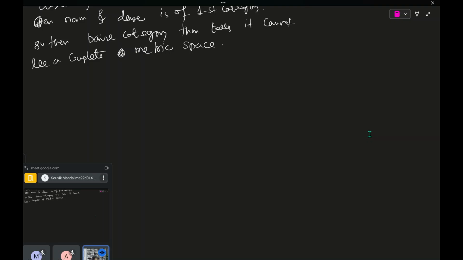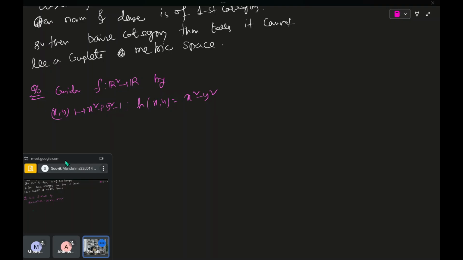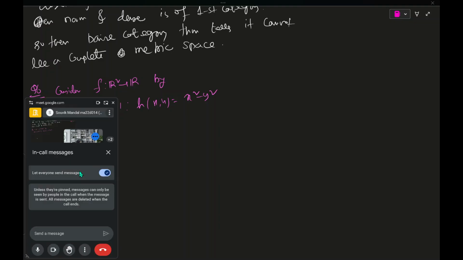Now question number 6. Consider the functions f and h from R^2 to R given by f of (x, y) going to x square plus y square minus 1, and h of (x, y) going to x cube minus y square.